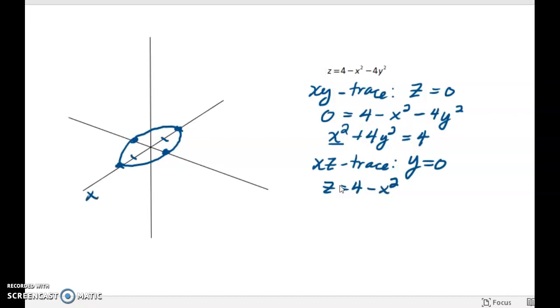It lies in the xz plane. That parabola has x-intercepts 2 and negative 2, and the z-intercept is 4. So it's actually this parabola here.